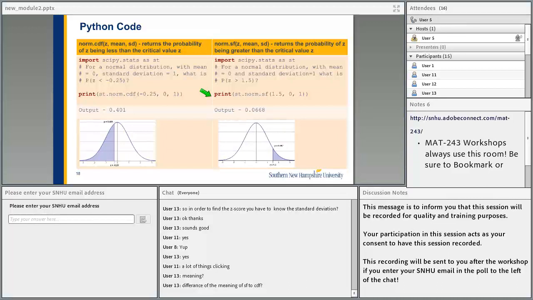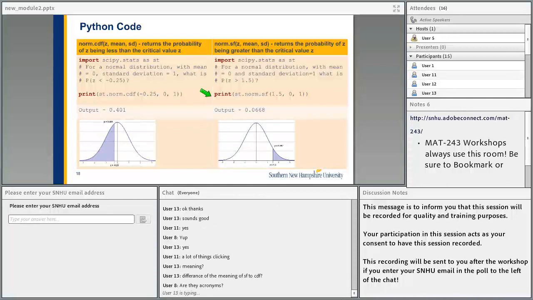So SF is when you want to find the probability of getting a value greater than some value, and CDF is finding the probability of getting a value less than some value. I think that's a very good question.